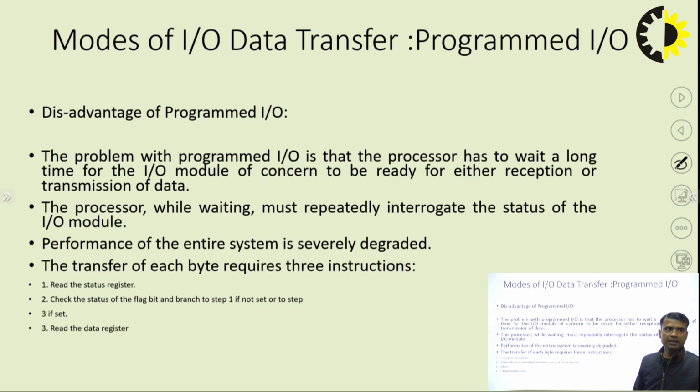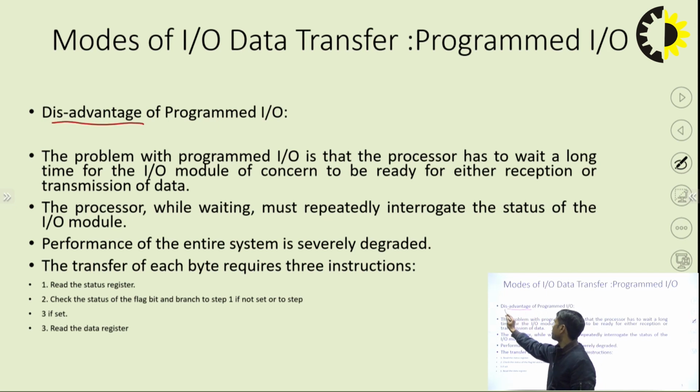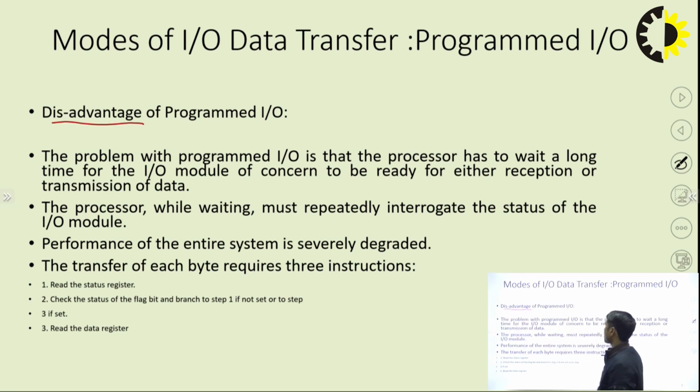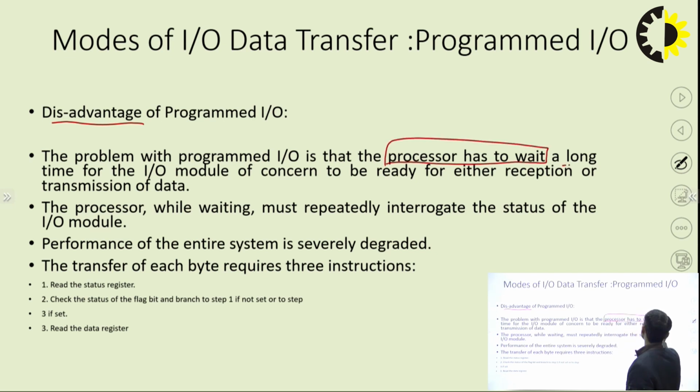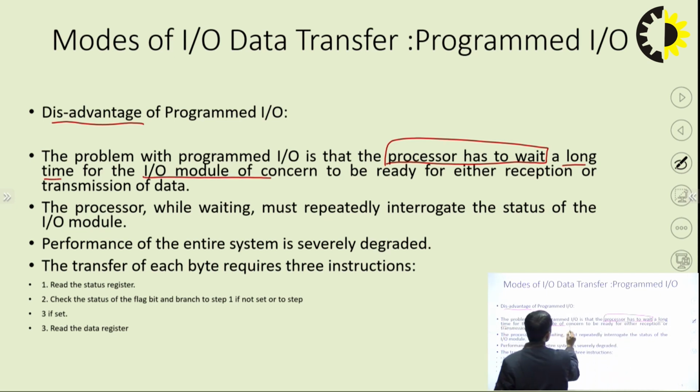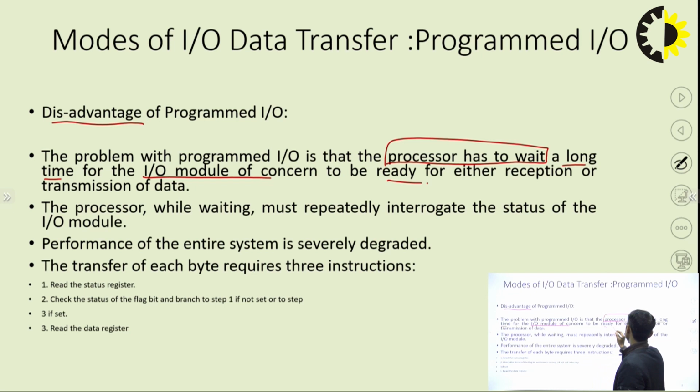Certainly, as we have seen, there is a disadvantage of programmed I/O. The problem with programmed I/O is that the processor has to wait for a long time for the I/O module to be ready either for reception or transmission of data.